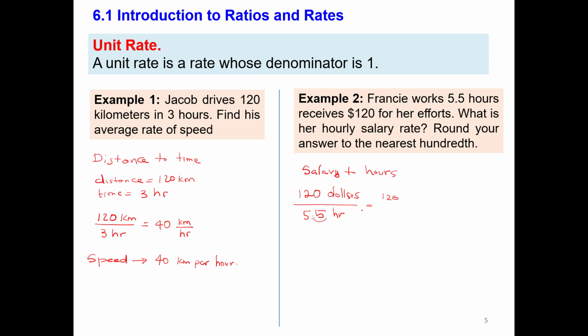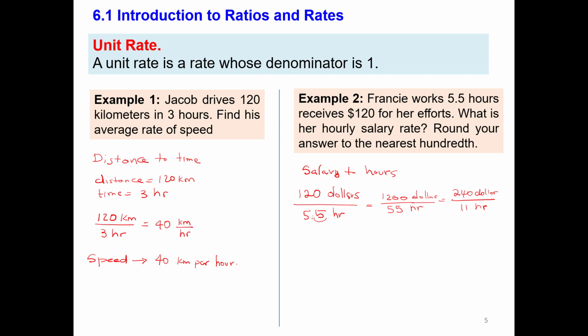We move the decimal one place, so we have 1200 over 55, dollars to hours. And we can reduce this fraction as we can divide by 5. If we divide by 5, then we have $240 divided by 11 hours.